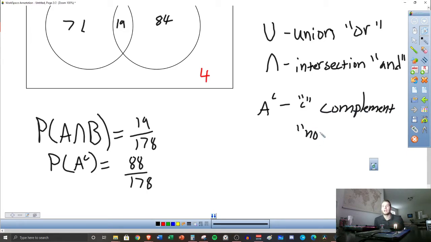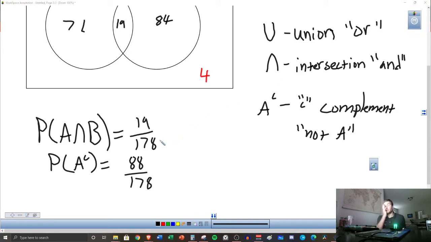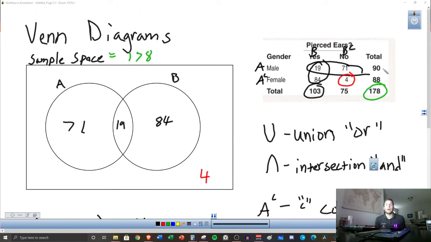We'd say not A. I've already written down that rule before, but that's important, okay? So it's everything that's outside of this circle over here, or everything other than this event. So it's the 88 right there, okay?